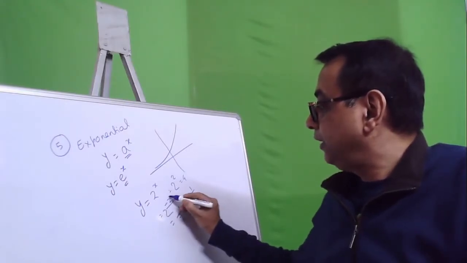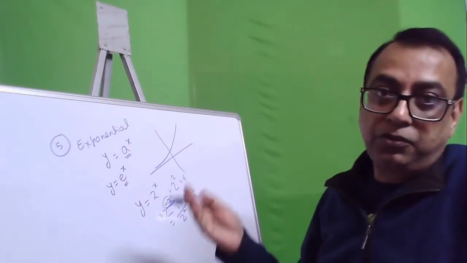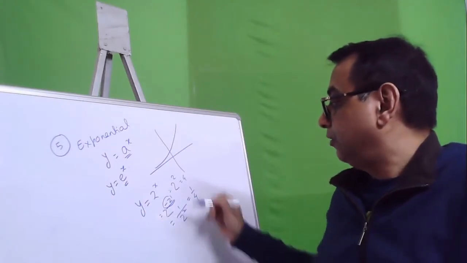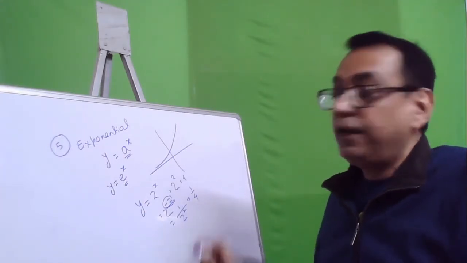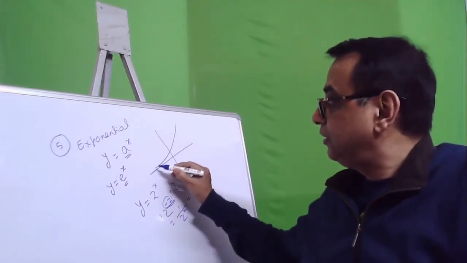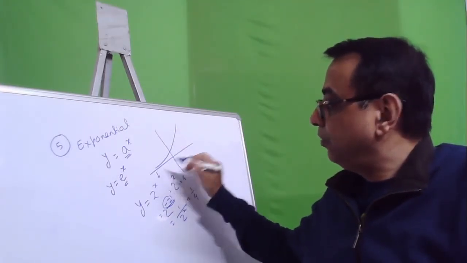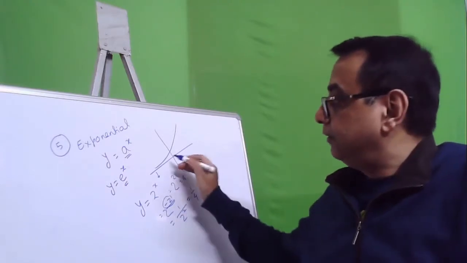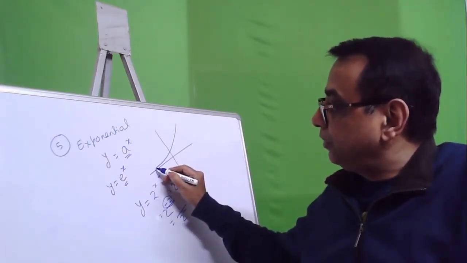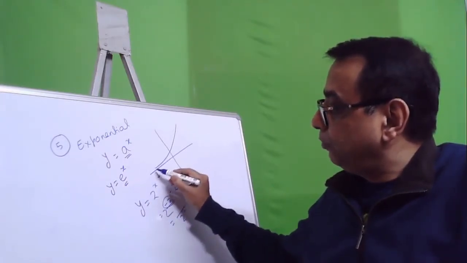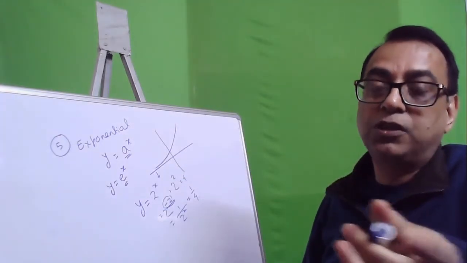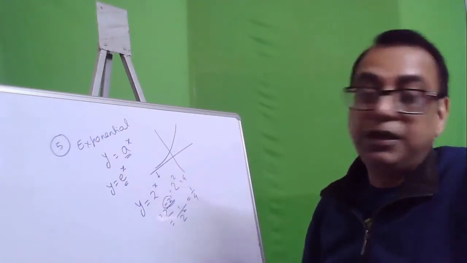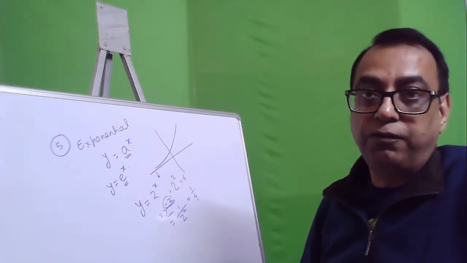So when the power is negative, it is actually division, 1 by 2 to the power x. So it can never be negative. That's why you see this function will never go below 0. And normally all exponential functions, when x goes towards minus infinity, tend to 0.